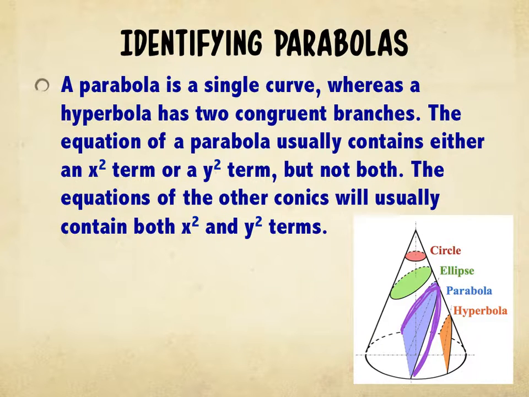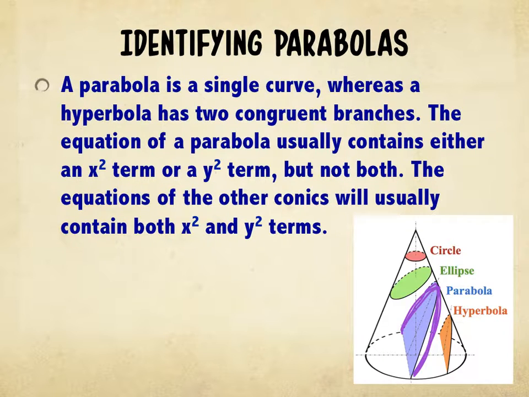The equation of a parabola contains either an x squared term or a y squared term, not both. The equations of the other conics usually contain both x squared and y squared.